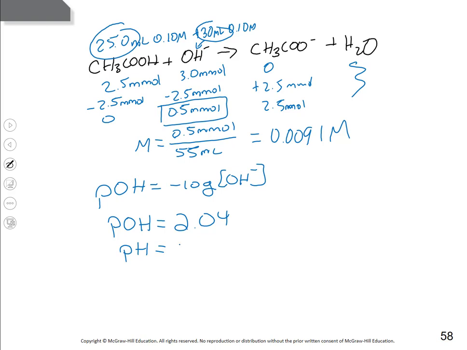Good, 11.96, which is pretty far in the basic end, which is what we expect. Past the equivalence point, we're just adding strong base to a neutral solution, which is going to turn it into a strong base solution.